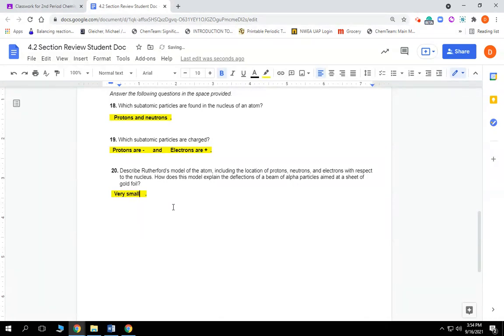a very small nucleus, containing protons and electrons.